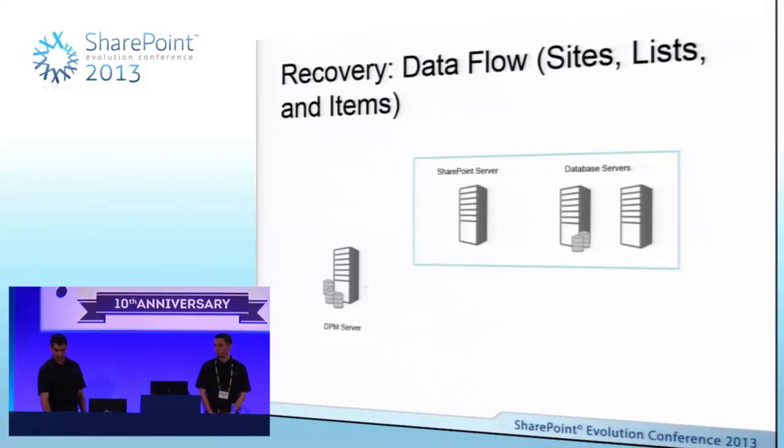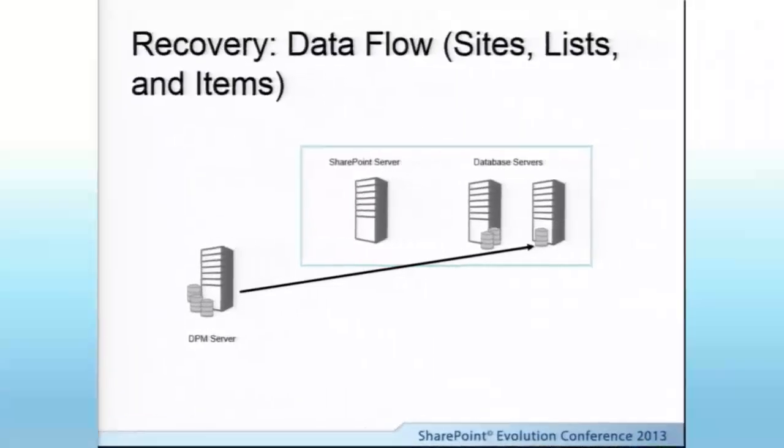So if we imagine here that we want to restore a particular item, the first thing that happens is we restore that database, and that database can be restored to a SQL server within your SharePoint farm, or it could be a SQL server somewhere else. In this example, the SQL server is in our farm. It doesn't really matter. The database is restored. Then we use the unattached content database recovery capabilities to drive into that database.